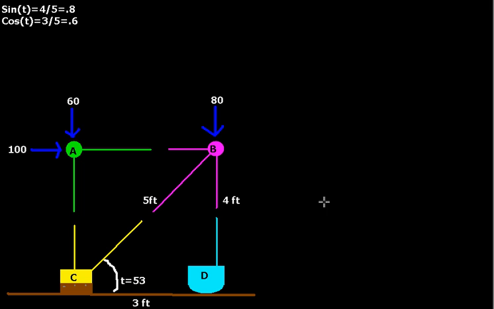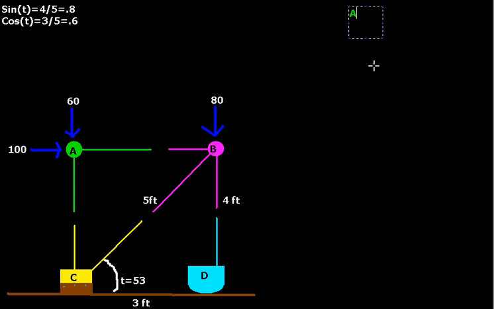First off, let's figure out all the different relationships that we have to figure out, right? Well, A is attached to two different pieces, so I'm going to write A twice.